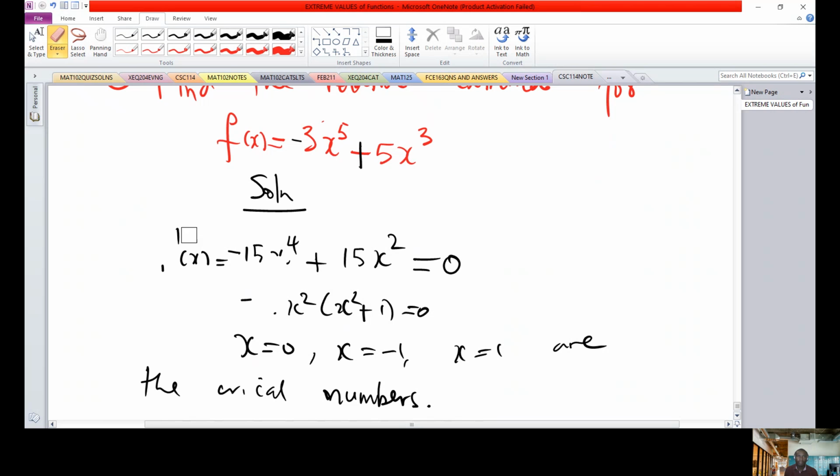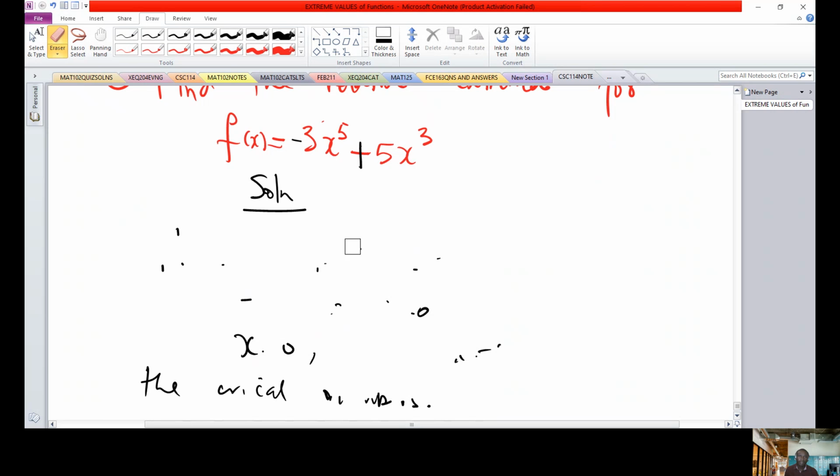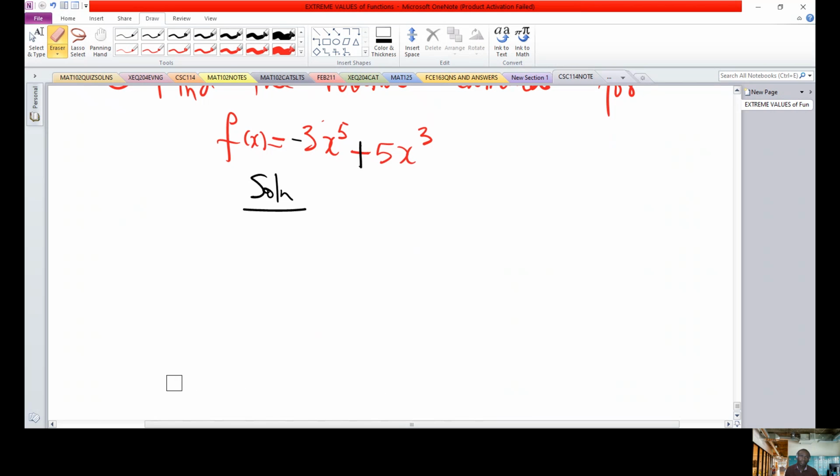So the function was f of x equals minus 3x power 5 plus 5x power 3. So f prime of x will be minus 15x power 4 plus 15x power 2. And then let's get the second derivative.